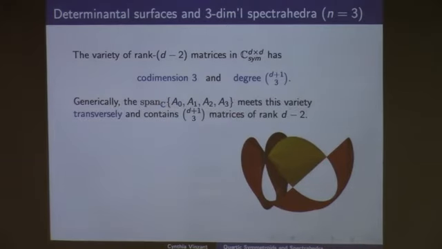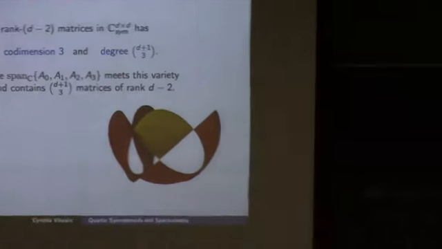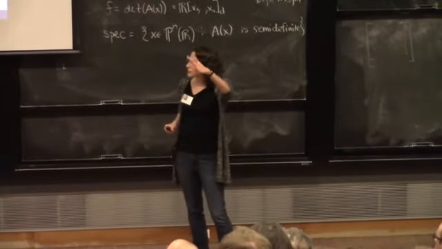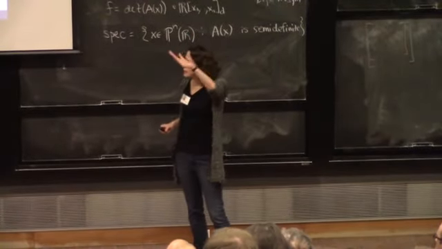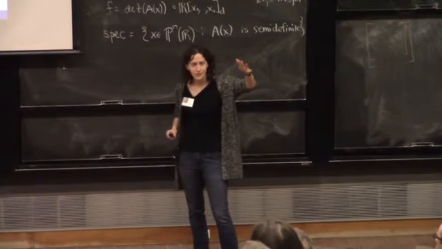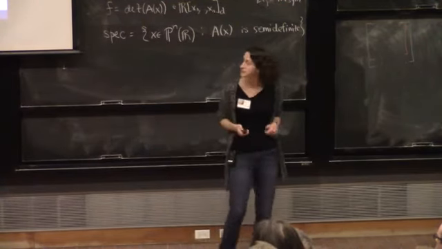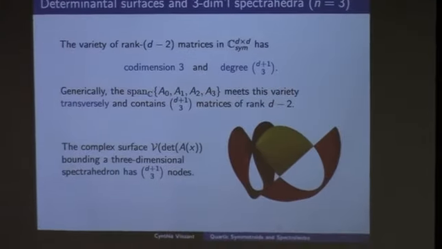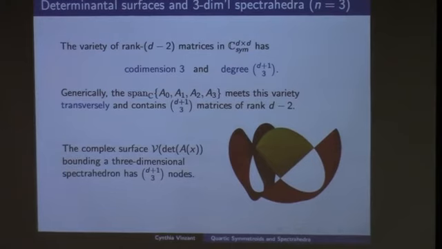So generically, over C, if you take a linear space of matrices, you will get d plus 1 choose 3 matrices of rank d minus 2. In particular, the surface given by the determinant of the matrix is going to be singular at those lower rank matrices.